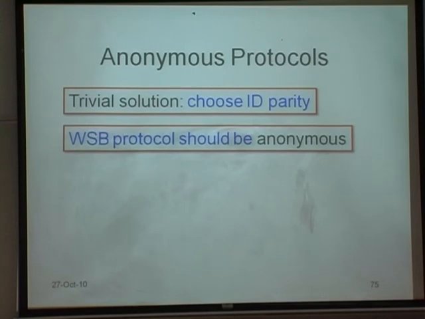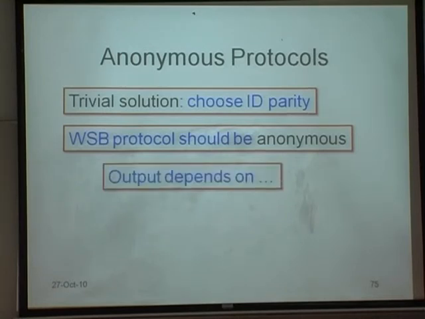So what we really want to say is that any protocol should be anonymous. You assume that the IDs are from 1 to n. Yeah. Well, that's one way out of it. You could say their IDs might come from a really big space, and you can't do that. But then, this is another way to break out of that.